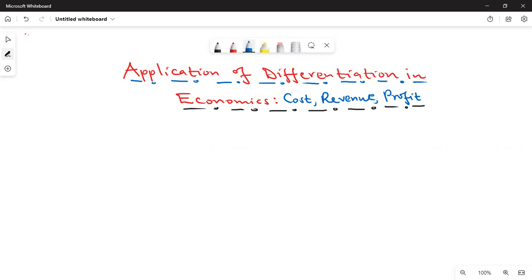So we define a cost function, or simply total cost. Remember, total cost is equal to, let me write it.